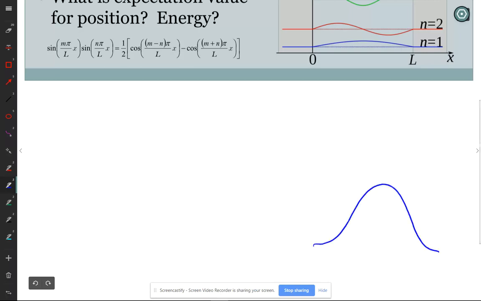It's half of a minus cosine wave. And then you square the next one, and it's going to be like that, and so on. And this one has one place that's most likely. This one has two locations that are equally, most likely, and so on.